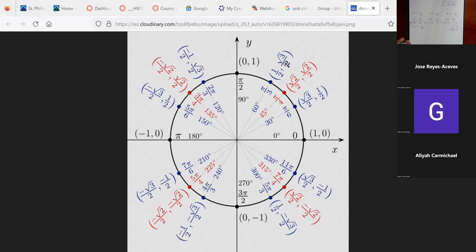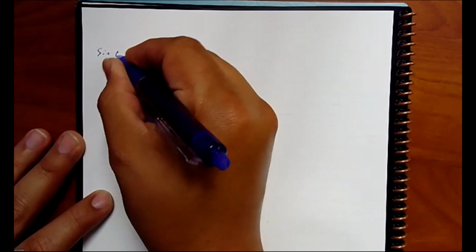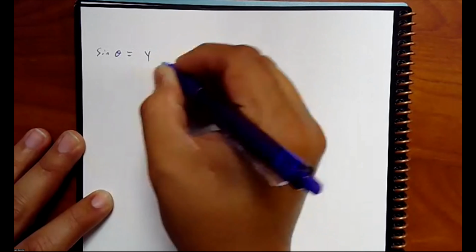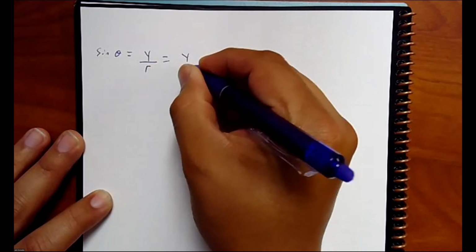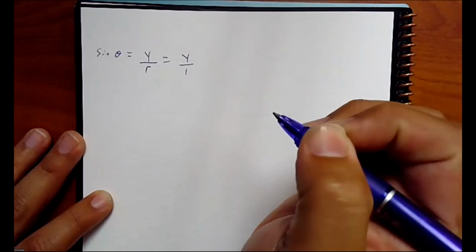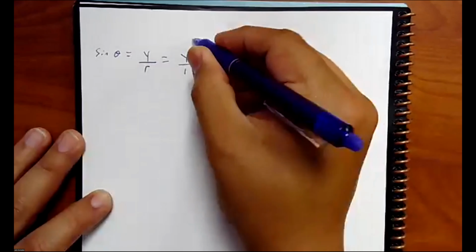Let me write that down for you. Side note here, we'll come back to this question. But you see how the answer is going to be square root 3 over 2, right? The sine of theta is equal to the y value over the radius, but since we're dealing with the unit circle, it's going to be 1, so we don't have to worry about r.